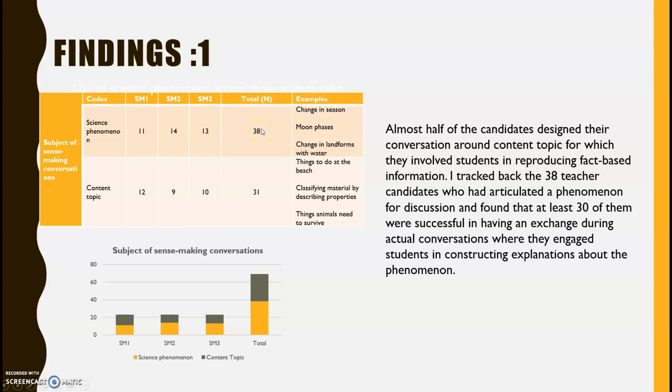So at least 30 out of these 38 teacher candidates who used phenomena were able to have to some extent a productive science talk with their students, which showed that the use of science phenomena was potentially a great way to have students' ideas elicited, to have their observations elicited.